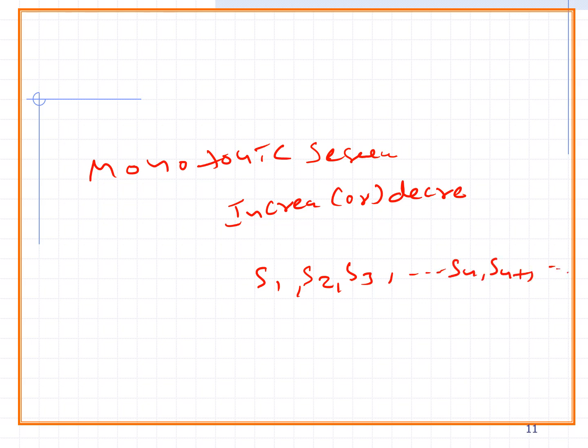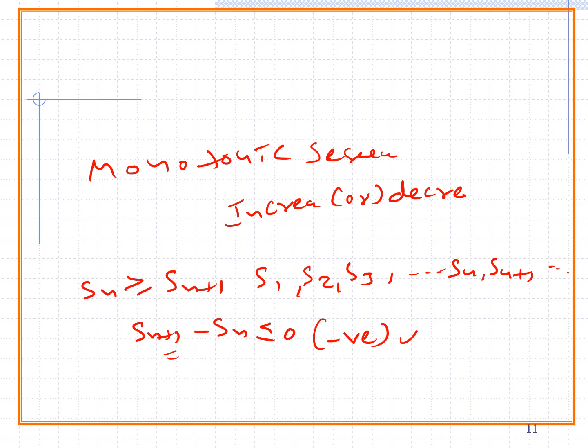The sequence is there. At that time, how can we say it is a decreasing sequence? Sn greater than or equal to Sn plus 1, or Sn plus 1 minus Sn less than or equal to 0. Here you get negative values. Once you get negative values, it is called a decreasing sequence. Let us see this. Actually the n plus 1 value is bigger than the n value, but the highest value minus the lowest value gives negative values. At that time, that sequence is called a decreasing sequence.